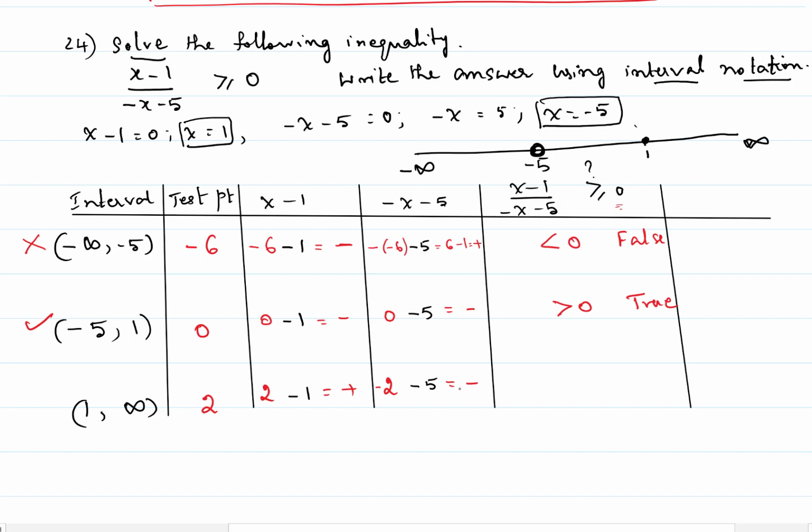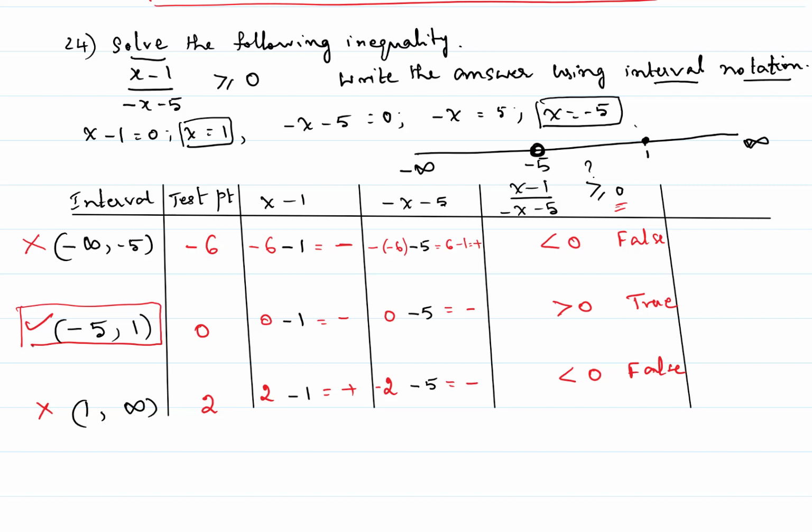If you divide one by the other, you get positive over negative, that is negative, which does not satisfy the given inequality. So it is false, and 1 through infinity is also not part of the solution set. So the only interval that is part of the solution set is negative 5 through 1.